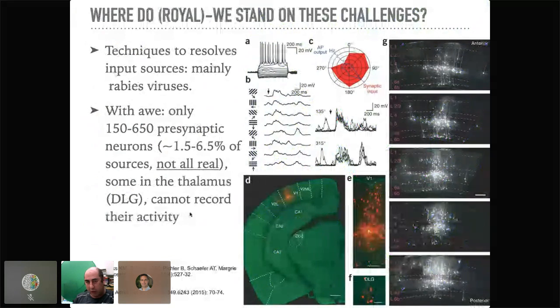And he did this beautiful experiment where he patched a neuron and transfected this neuron with a rabies virus, allowing him to see all the presynaptic neurons synapsing on this pyramidal neuron in the visual cortex, and he could actually map the visual responses of these neurons to drifting gratings.